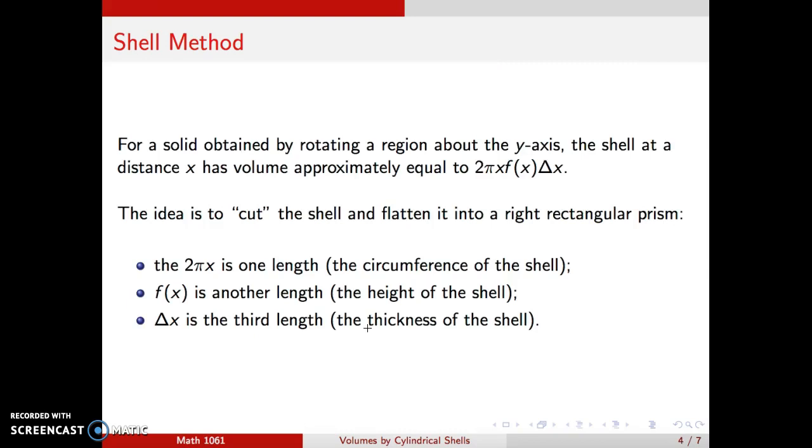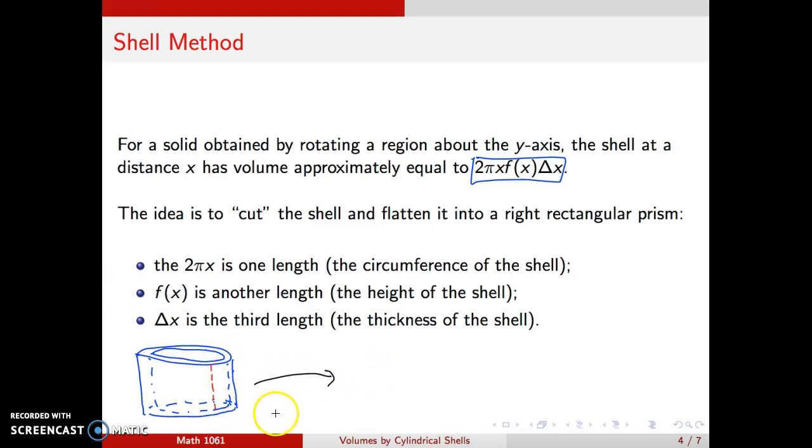If you've got a solid obtained by rotating a region about the y-axis, then the shell at distance x has volume approximately equal to this. And we want to make a little bit of sense of where that's coming from. The idea is, if I have, again, this shell, as best I can draw it, imagine if I was to take a scissors and cut down that edge, or down that side.